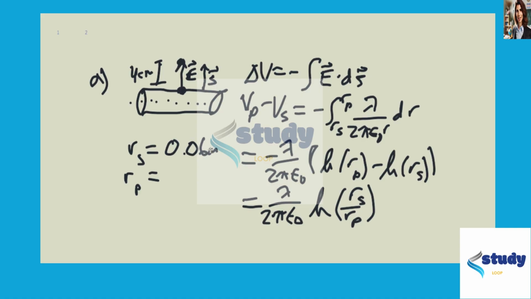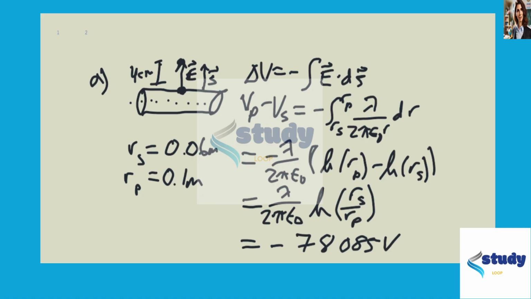So this will just be 0.06 meters, and this will be 0.1 meters because we have to add this 4 centimeters. And when you plug this in, you'll get a value of negative 780.085 volts.